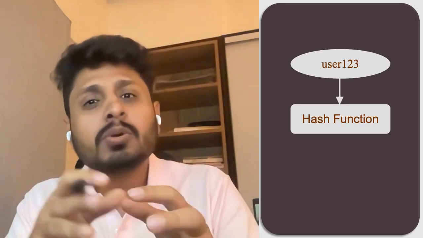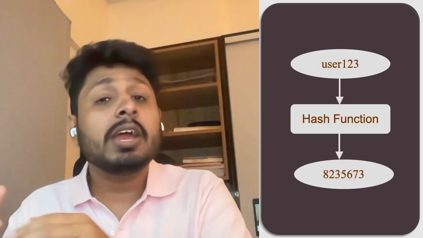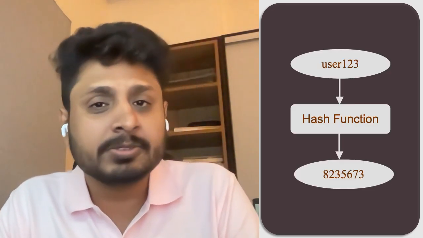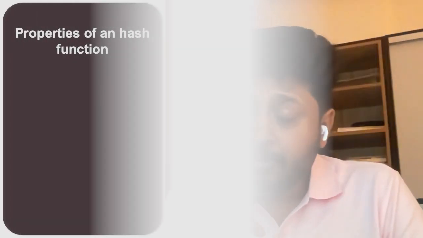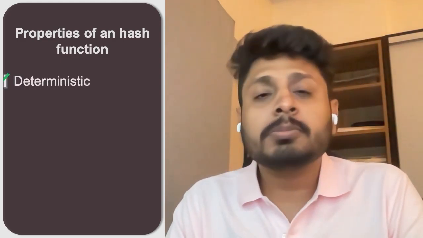For example, if you get a key user 123, it would emit a fixed number every time you call this hash function. Pretty cool, right? Now, that's when the actual drama begins. Any hash function that can be used in your caching server has to have a few properties. First property is it has to be deterministic.